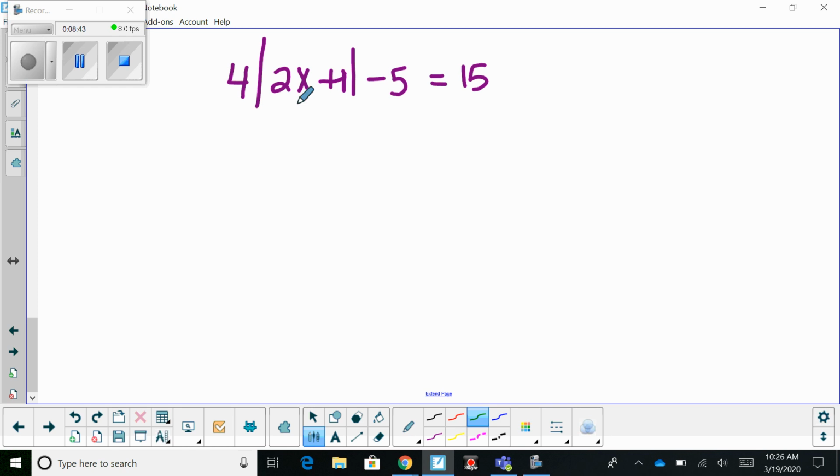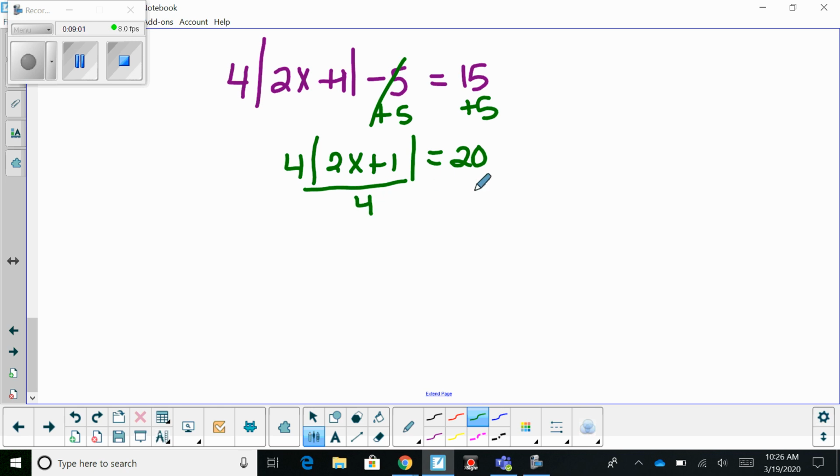So working on getting this by itself, I'm going to add 5 to both sides. So now I have 4 times the absolute value of 2x plus 1 is equal to 20. And then now I'm going to divide by 4. Absolute value of 2x plus 1 equals 5.